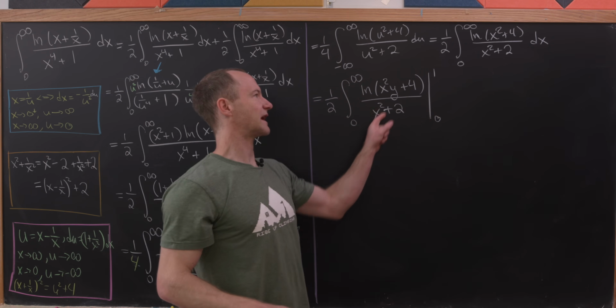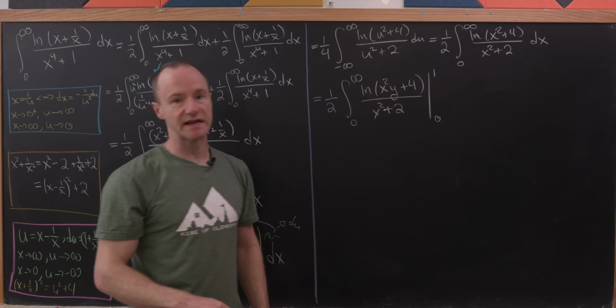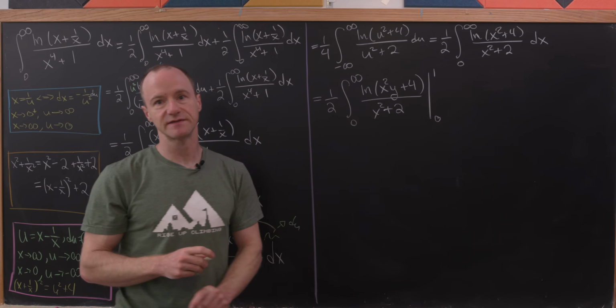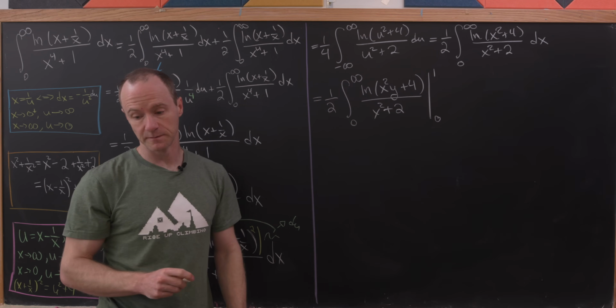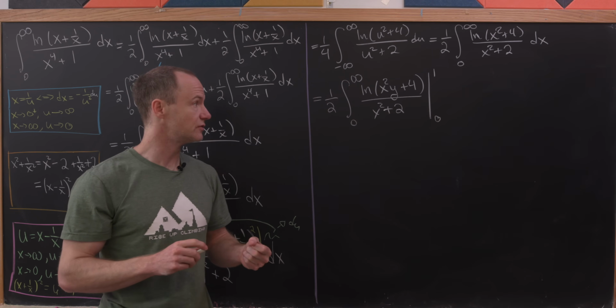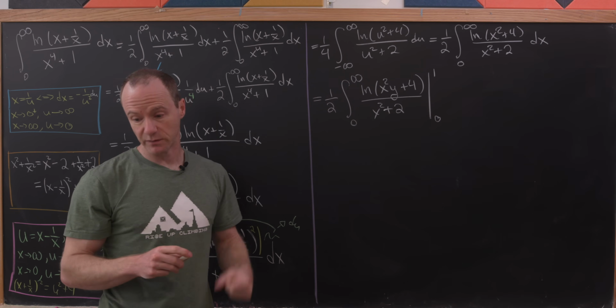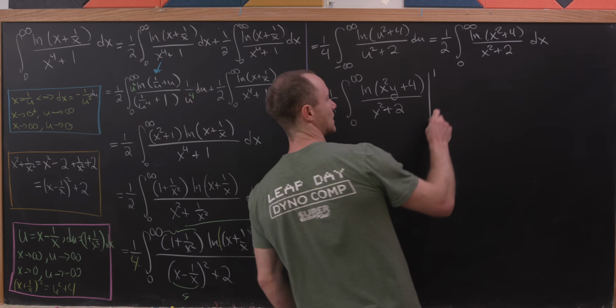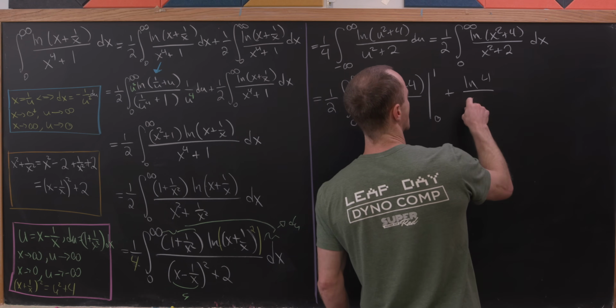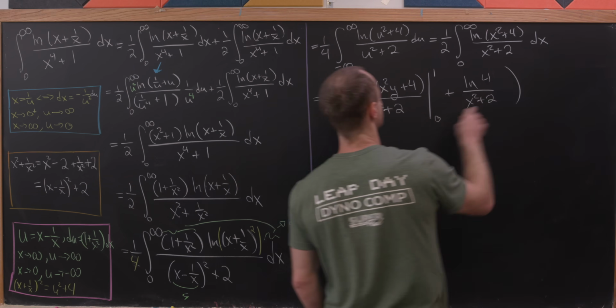Evaluating that at 1 clearly gives us the integral that we need, but evaluating it at 0 gives us something that's non-zero. Since it's in the lower bound of integration, to undo that addition that we've caused, we need to add something on. What we need to add on is the natural log of 4 over x squared plus 2.